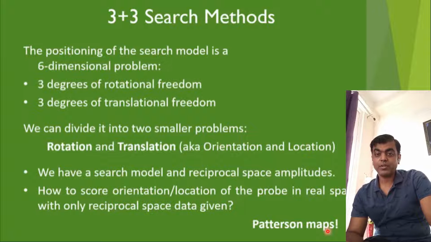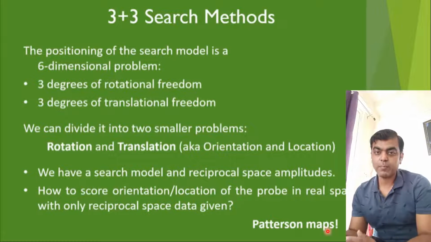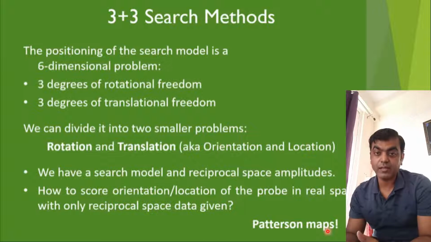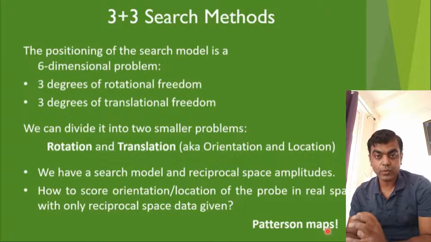Now when I am talking of a search model, it is directly related to the XY planes. So you have the structure. But when I am talking of the reciprocal plane, then you have the angles, you have the rotations, right? So if you remember, your protein structure will have a lot of rotations, you have angles in between.